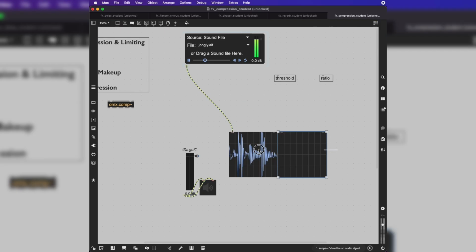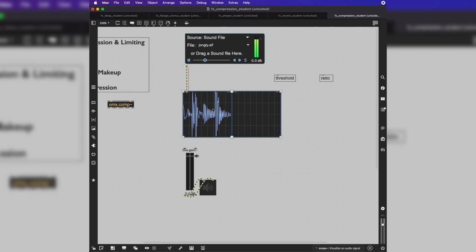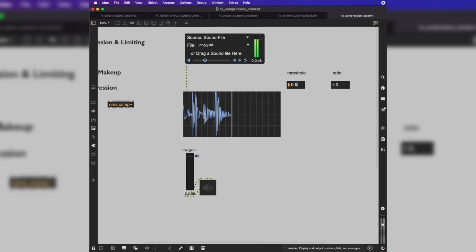And what you want from a compressor is to say, okay, if it goes over a certain level, let's say an amplitude value of 0.5, if anything is over 0.5, scale that by a ratio. So if we have a threshold value of 0.5 and a ratio of half, meaning we halve whatever is above the threshold, so the ratio is also 0.5.